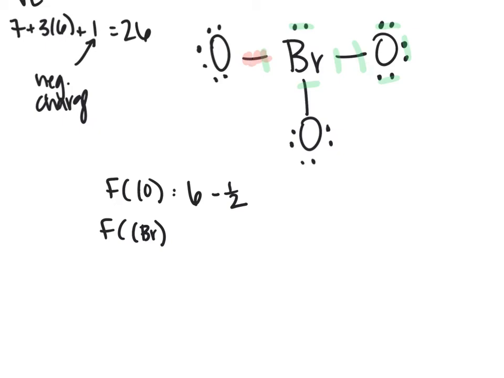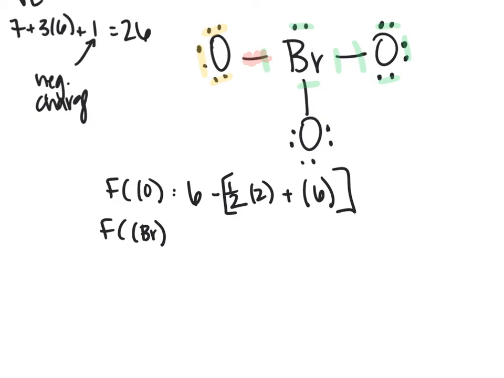There are just 2 electrons in a bond, so we're going to use half of 2. And we're going to add to that all of our lone pair electrons, which we'll highlight in yellow.